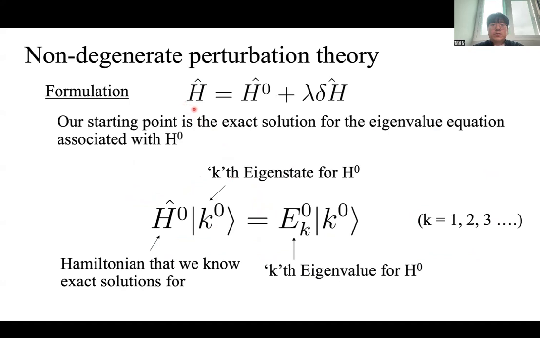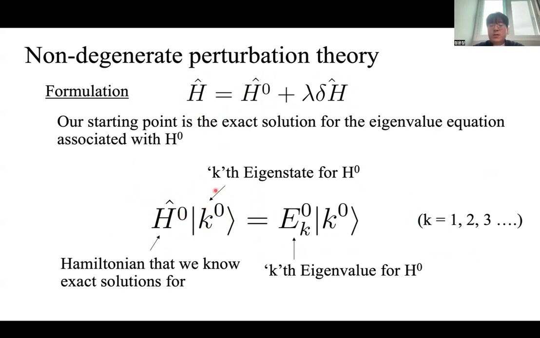So our starting point is here. We want to solve this problem. Let's start from what we already know. What we know already is that we know all the answers for this, because we know how to exactly solve this problem, right? If I write that out mathematically, this is what we know. In other words, for this operator H0, I know what all the eigenstates are.